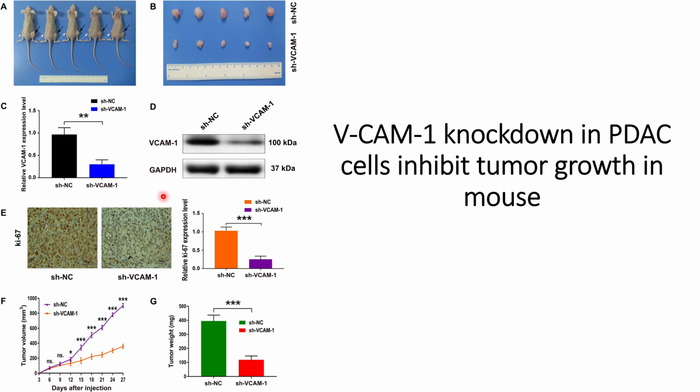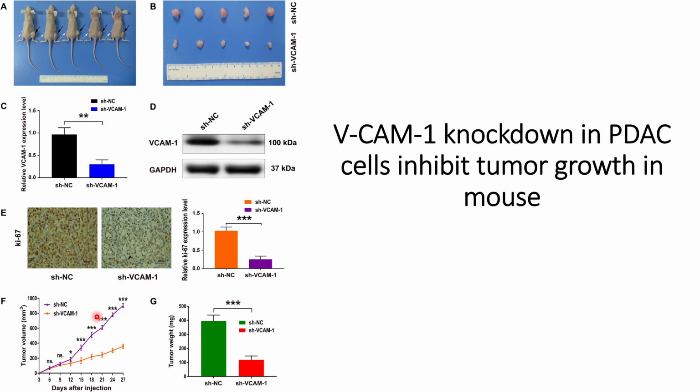After that, they checked the proliferation of these tumors using the marker Ki-67, and they can see that the proliferation is higher in the control case, where they have used normal pancreatic cancer cell lines, compared to the case where they have inhibited the VCAM-1 gene. And this has been quantified on the right hand side, which shows higher Ki-67 expression levels in the control compared to the case where VCAM has been inhibited.